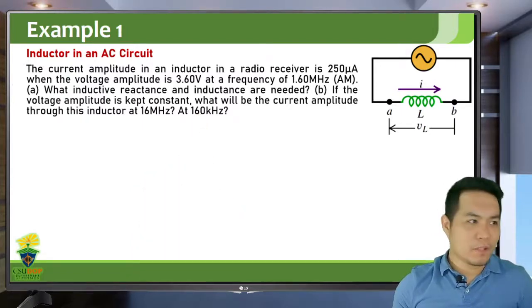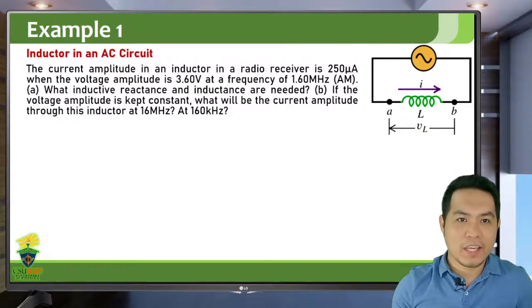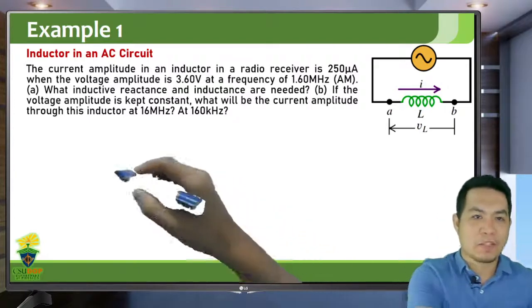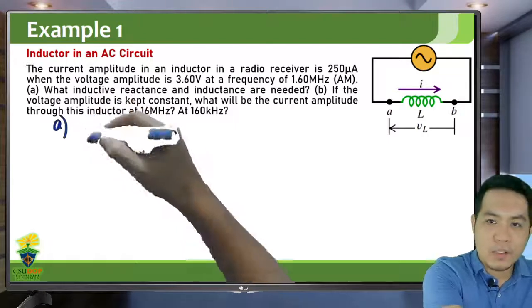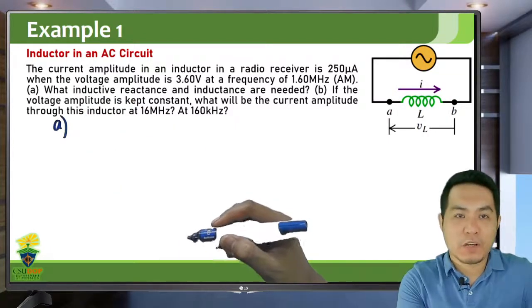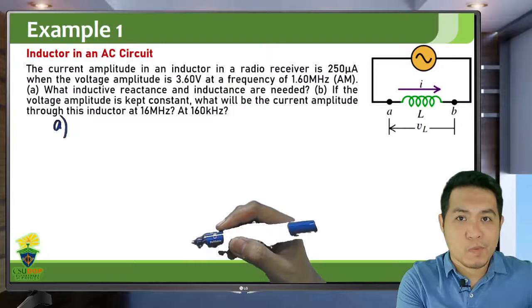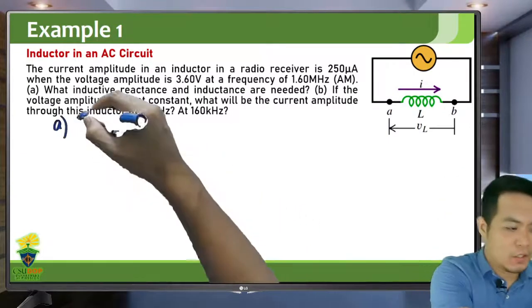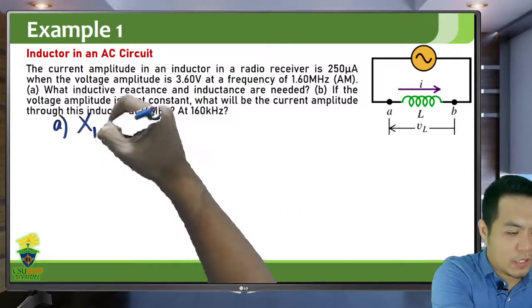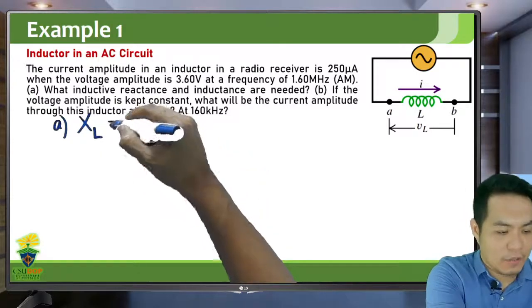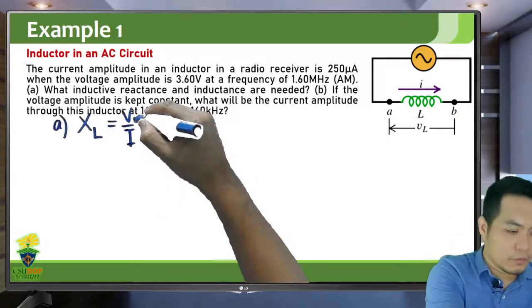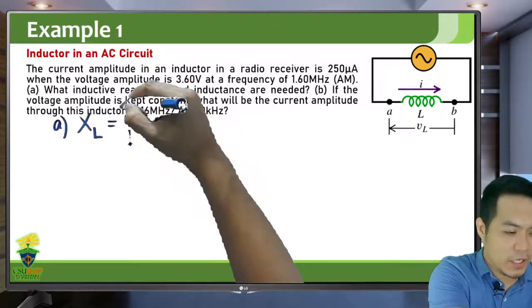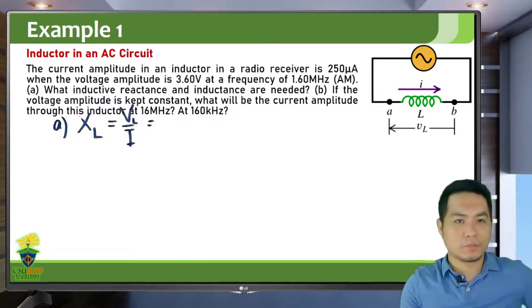For the first question, you are asked to find the inductive reactance. You are given the voltage amplitude and the current amplitude. So for letter A, we will use the voltage amplitude relationship for inductors in an AC circuit. We can solve for the inductive reactance as V over I, in this case V_L, because this is the voltage across the inductor.